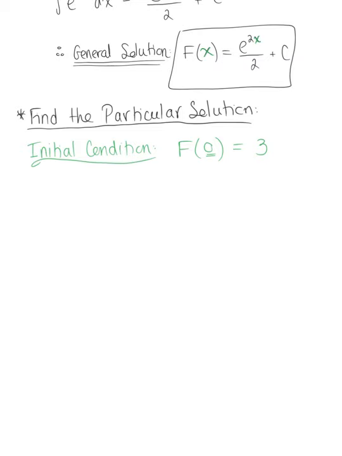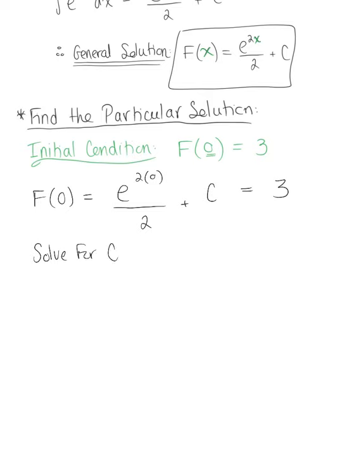So here we go. We have f of 0 is equal to the natural exponential raised to the 2 times 0 divided by 2 plus that arbitrary constant c. And we know by our initial condition that that's set equal to 3. And so we can now use this to solve for c. So we know that 2 times 0 is 0, and then anything raised to the 0 goes to 1.